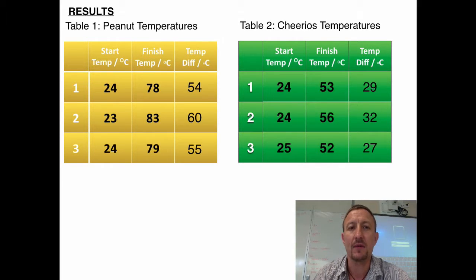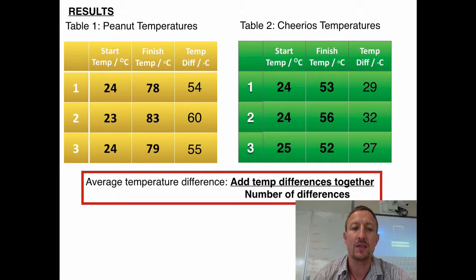Okay, so I've now calculated the temperature difference. What I now need to do is work out the average temperature difference over the 3 different tests. To calculate the average temperature difference, I use the formula in the red box. I add together all the temperature differences for each food, and then I divide by the number of differences.